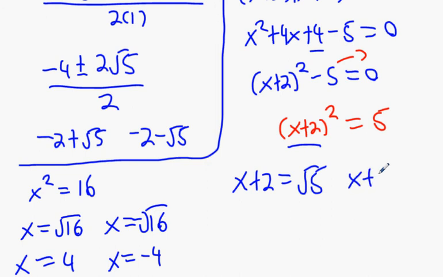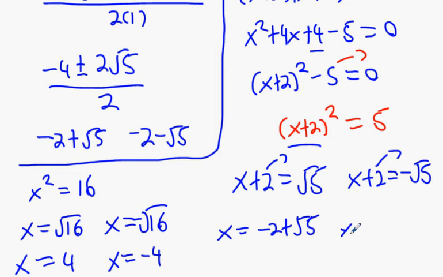And the other one will be minus root 5. What happens when you bring the 2 over the other side? X equals minus 2 plus root 5, and x equals minus 2 minus root 5. Oh wait, they're the same answers we got using the minus b formula. So we could use the minus b formula, or we could use this way. All right.